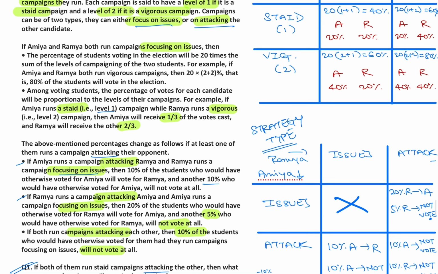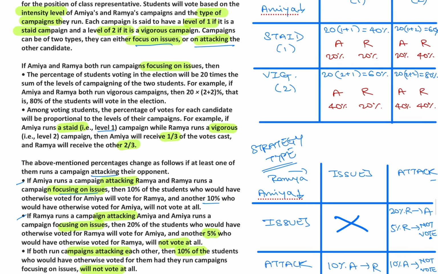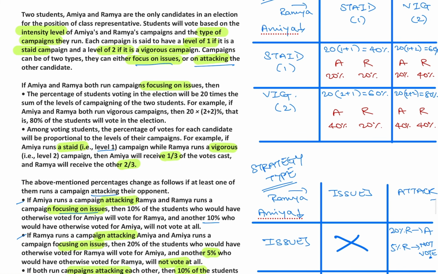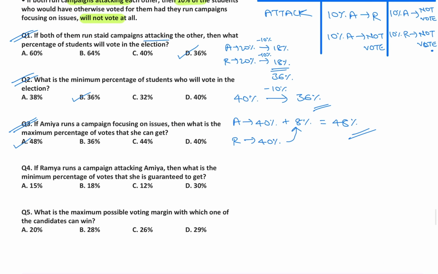So let's look at the cases where Ramya is getting lower votes. So I'll have a case where Ramya is stayed. So in both of these cases, Ramya has 20%. So which means that Ramya, I have to take 20% because I have to find minimum percentage of the votes.